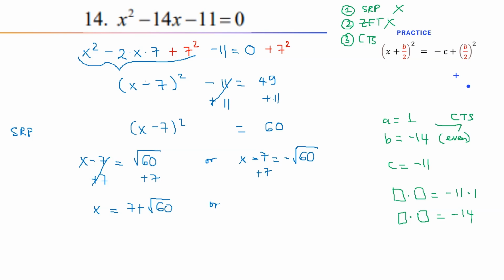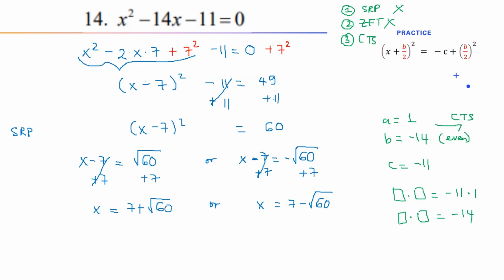The negative here has to be offset by adding, to make it 0. And what we do to one side, we do to both sides. x equals 7 minus square root of 60.